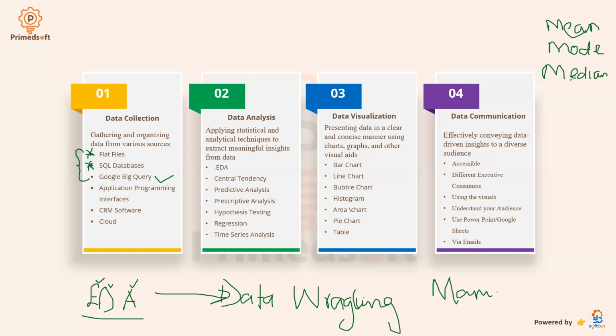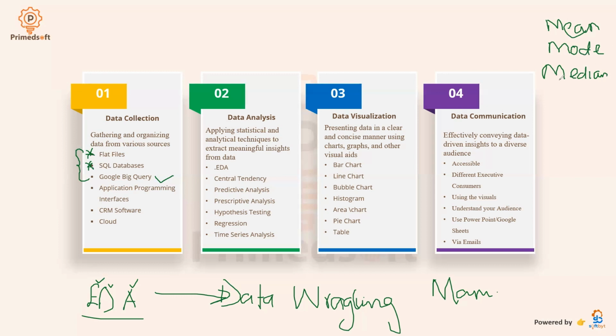Mode is the most frequent one, the one that appears the most. So the mode is the one that keeps on appearing, and it appears the most.